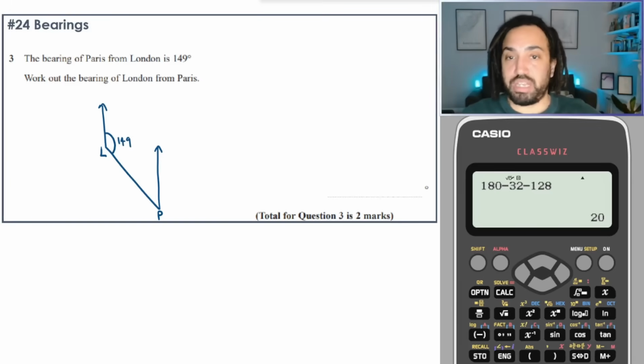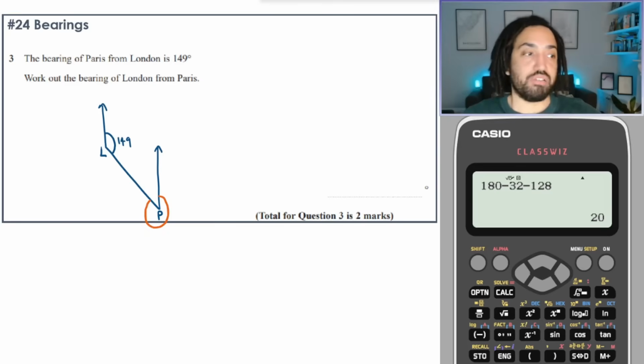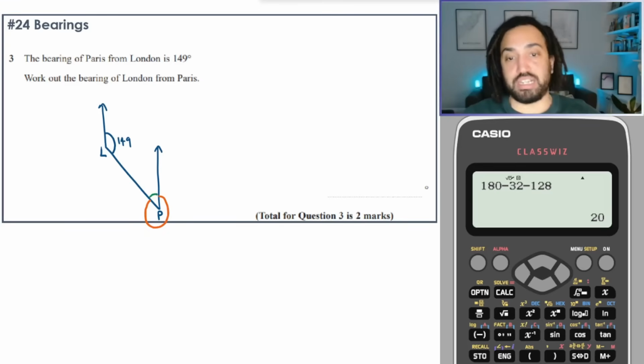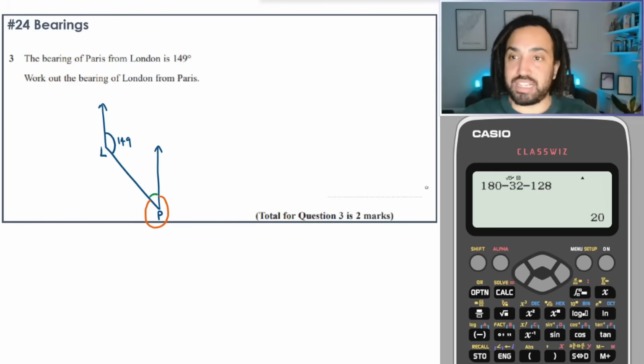Okay, so what does that mean I need to get back the other way? Well, again, I must always go from north and I must always go clockwise. So I need this angle around here. Now I can work out what the green angle is because these two north lines are parallel, which means that the angles inside the two parallel lines must add to 180.